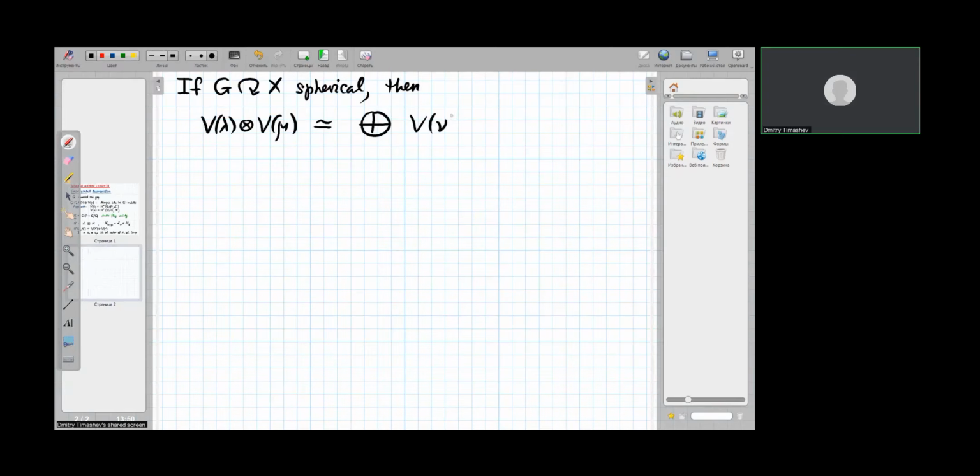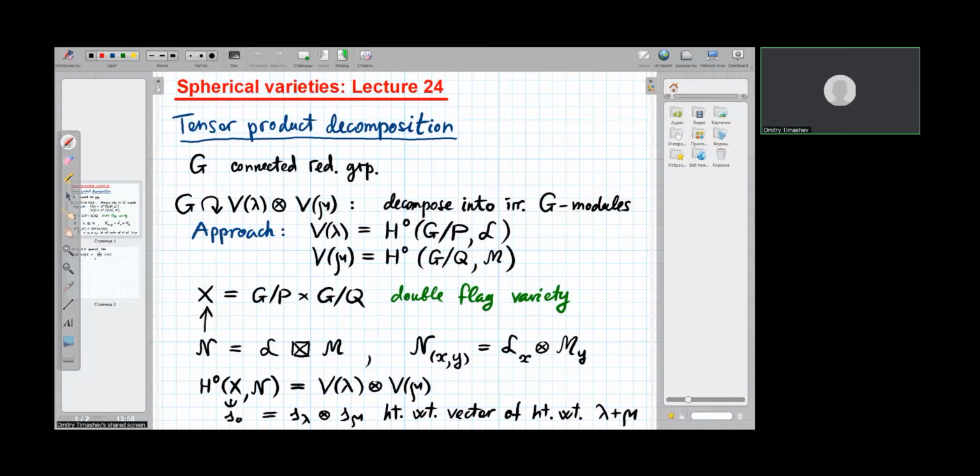of simple G modules of highest weights nu, where nu runs over the shift of the polytope P, the polyhedron which was introduced at the end of the previous lecture, shifted by the weight of this section S0.